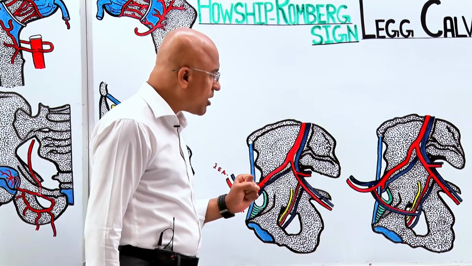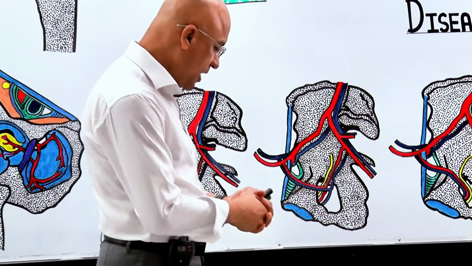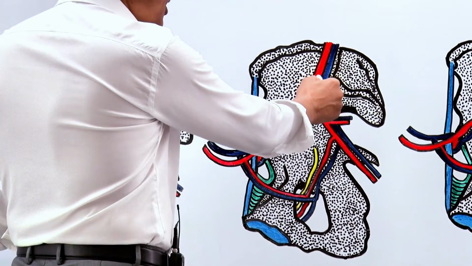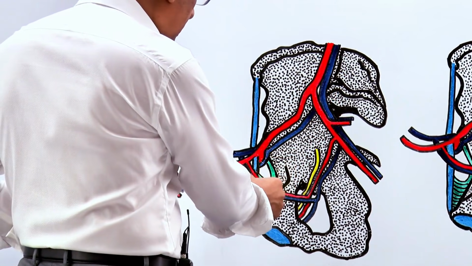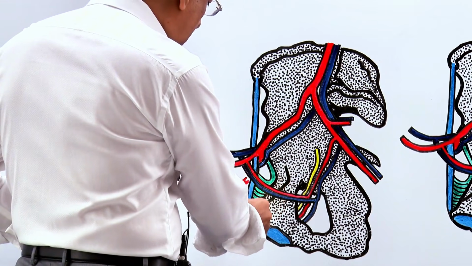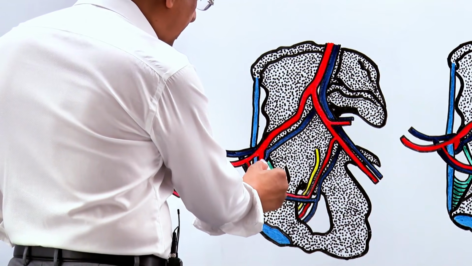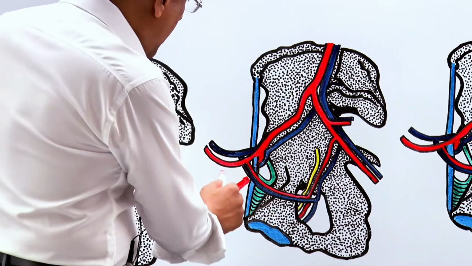But let's talk about this diagram. Focus here. Again, your friend, what is this? Common iliac. This is external iliac, and this is going to the femoral, right? This artery from here is going under all these things.